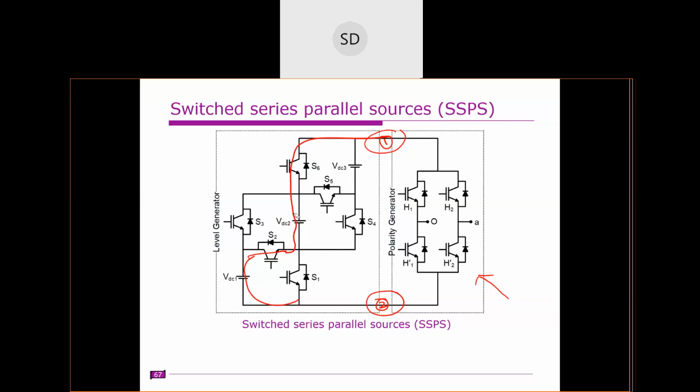Or else you can turn on like this also, or like this also, to obtain 2 VDC. So here also some asymmetry, some redundancy is there, but here you are turning on only 2 switches, S1 and S5.